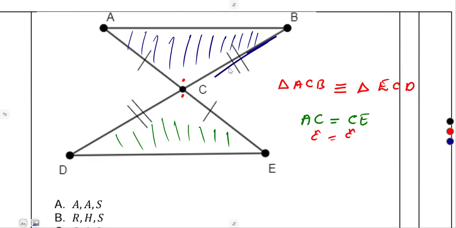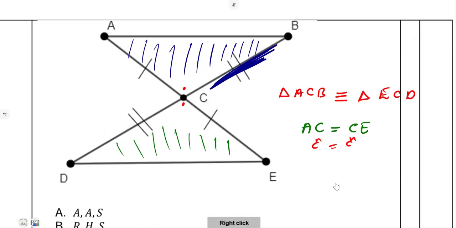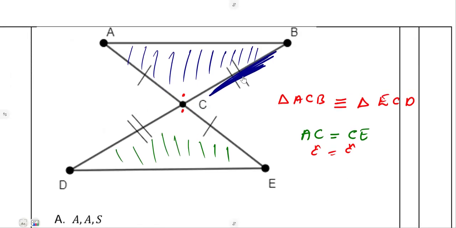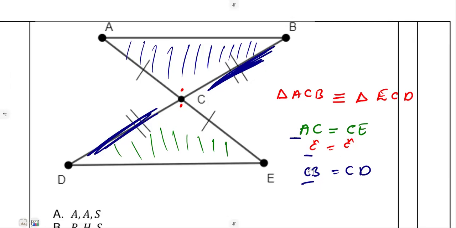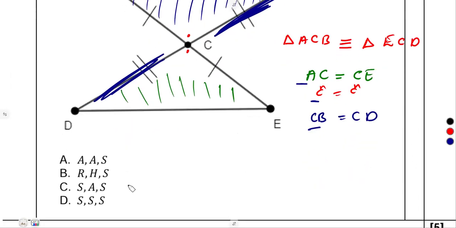And the side CB of this triangle, the length of C to B, is the same as this one, C to D. So we have side, angle, side.